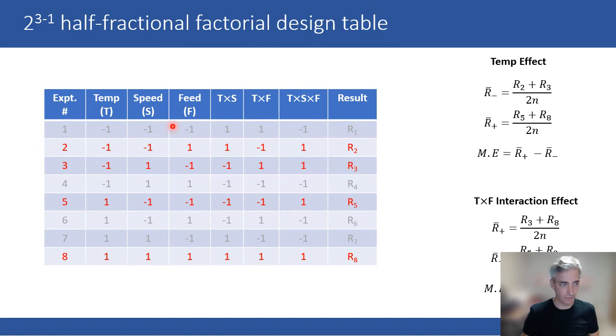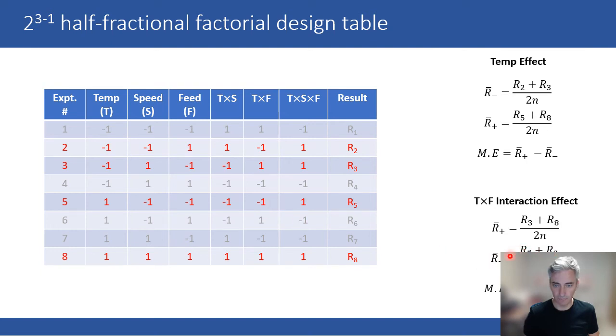And I can do this for all of them. I can do it for the speed, the low values and the high values, calculate the main effects, and the feed, and also the interaction. So as an example here, I'm looking at the T times F, the temperature times feed interaction. Again, exactly the same as before. T times F is low at experiment 2 and experiment 5.